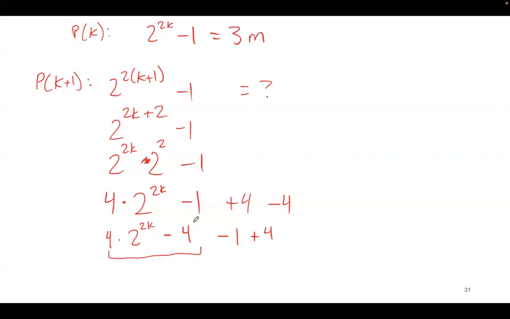I chose the minus 4 because if I pull the 4 out, that's going to give me minus 1. If I had used plus 4, it would have given me plus 1, which is not what I want. So we've got that, and then we can't forget the stuff that's left over, which is just plus 3. If we were to FOIL this out, the plus 4 and minus 4 would go away.